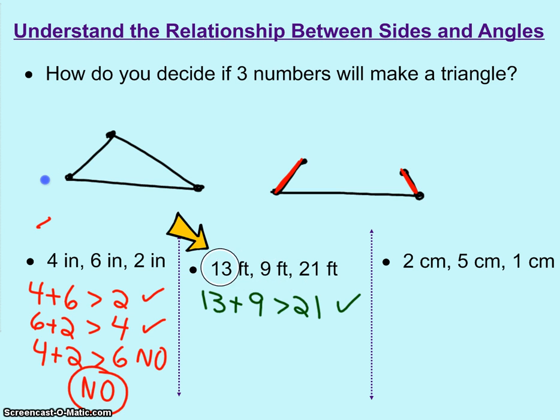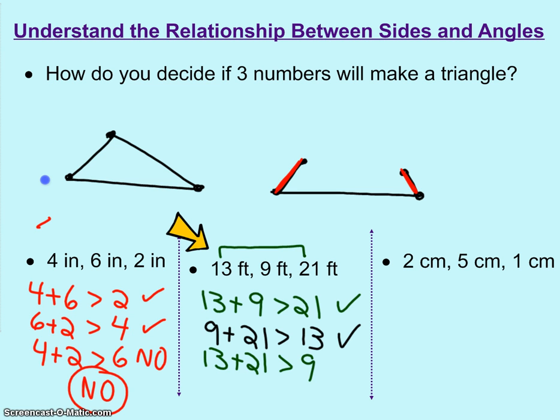Now I'm going to pair up 9 and 21. 9 plus 21, is that greater than 13? Yes, 30 is greater than 13. That looks good. I'm going to try one other combination here. 13 and 21. 13 plus 21 is definitely greater than 9. So all of those combinations check out. Those three sides can make a triangle.